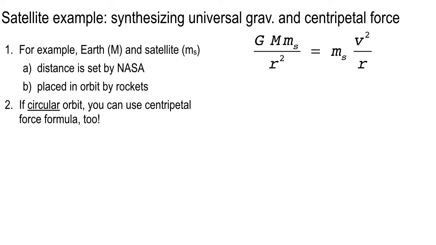Capital G is a conversion factor from kilograms squared per meter squared to a Newton of force, kilogram meter per second squared. So it has weird units, and you can look it up in the textbook. Question? Can I repeat?